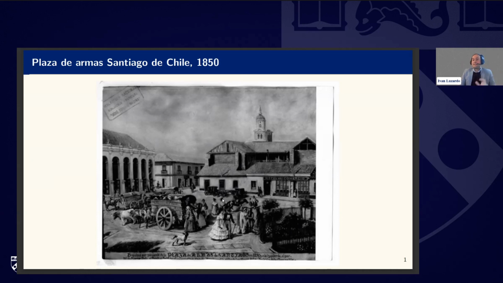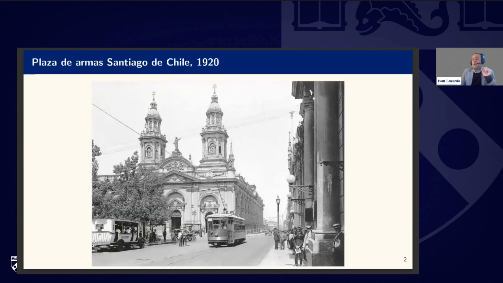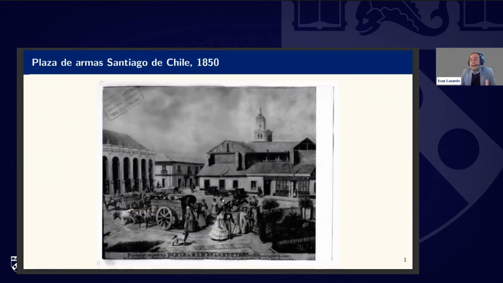If we contrast Santiago de Chile from the mid 19th century with the city from the early 20th century, that city is completely different. In a matter of 70 years, we can see how Santiago evolved from essentially a colonial city toward a modern city.